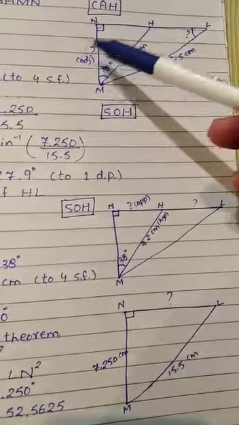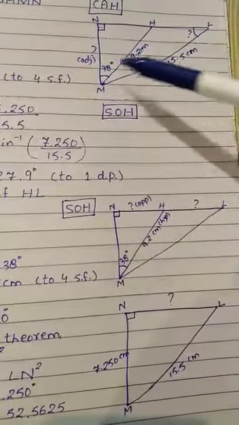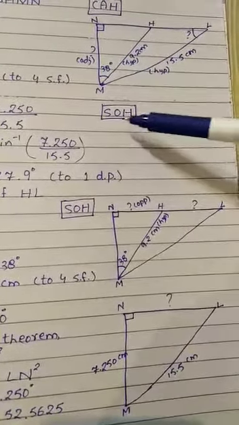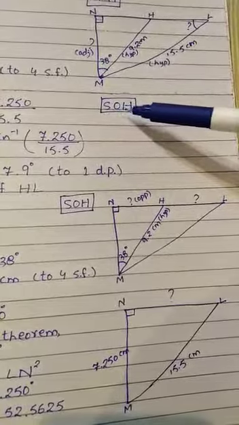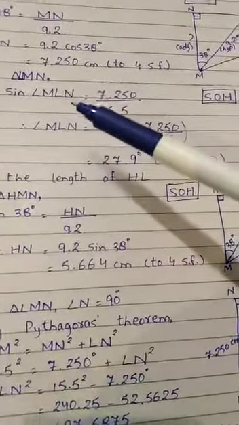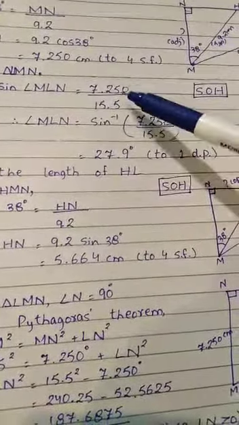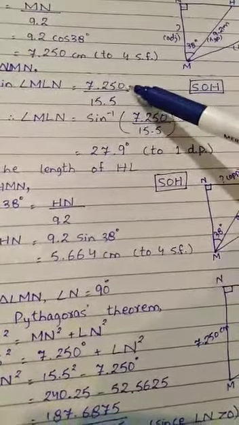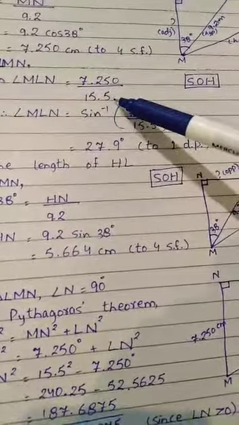We are supposed to find this angle. According to this angle, the hypotenuse is 15.5 centimeters and this would be the opposite side. So we have the opposite side and hypotenuse, so you will apply sine is equal to opposite over hypotenuse.